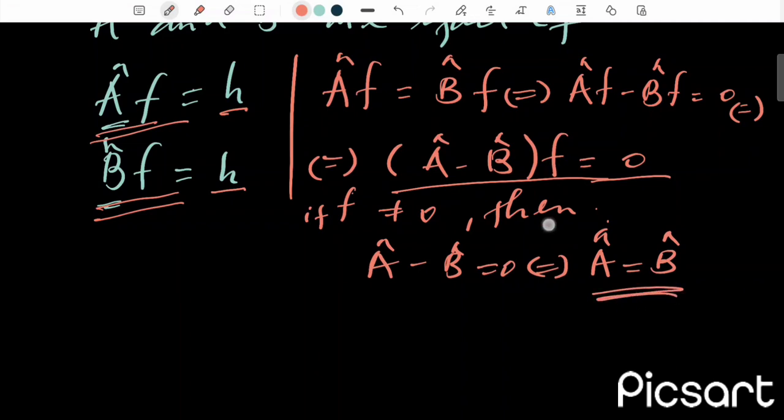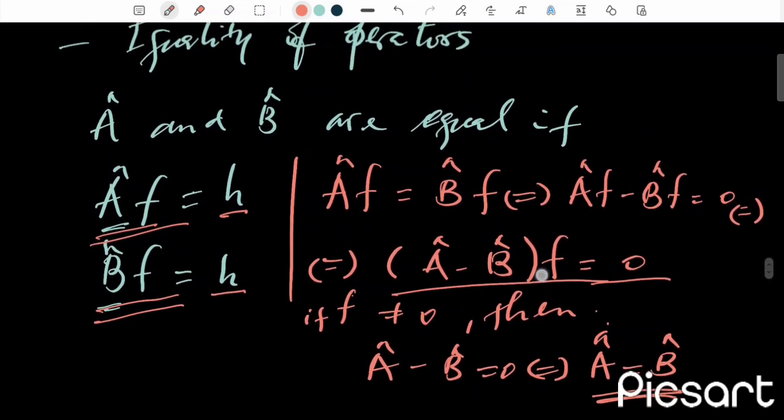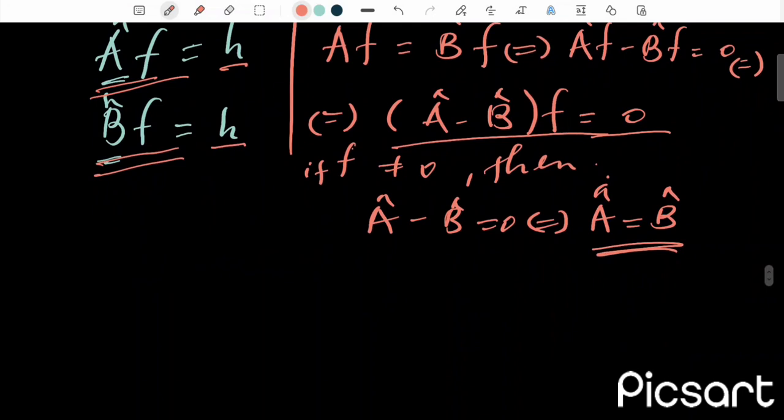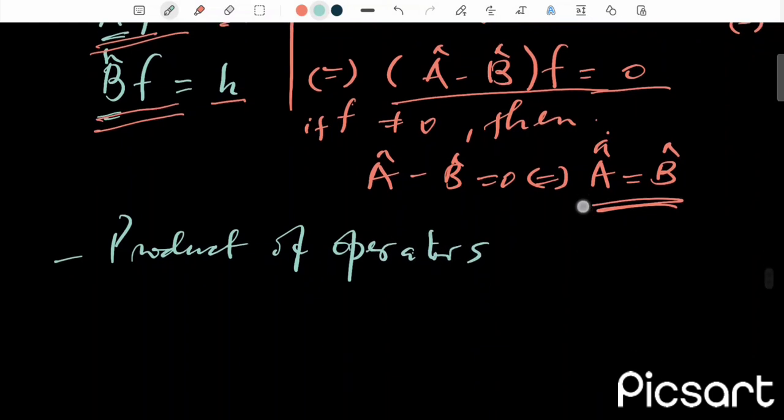Okay, we go on here. We are talking about the equality of operators. We go on talking about the product of operators.